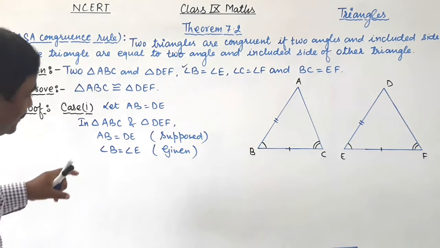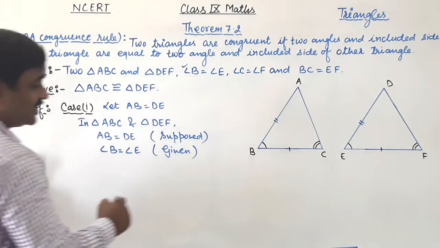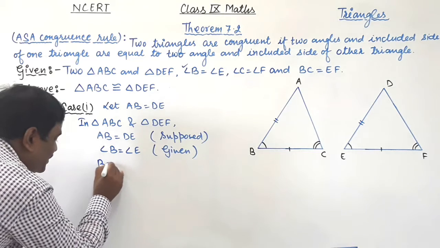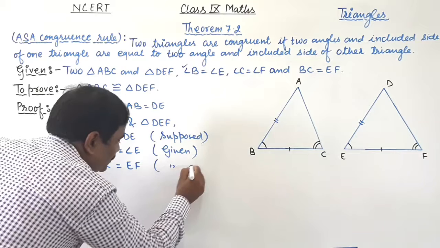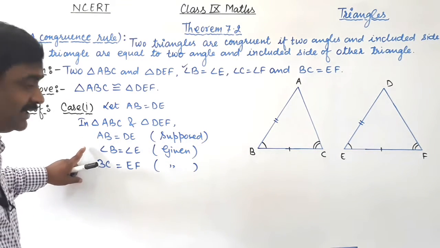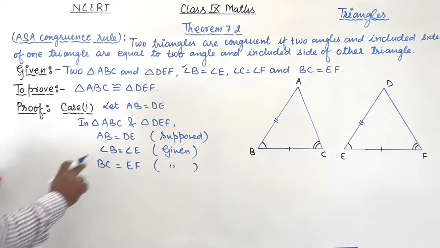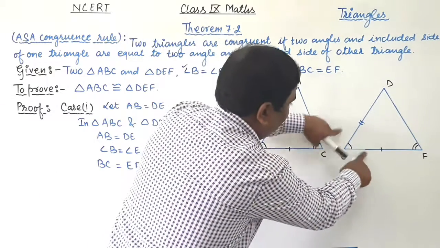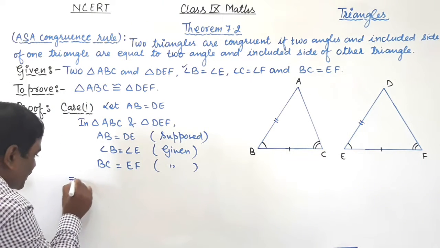After that, we take the second side, BC equal to EF. BC of triangle ABC is equal to EF of triangle DEF, which is also given. So what are you getting in these two? When you compare these two triangles, you get that two sides and the included angle are equal in both triangles.